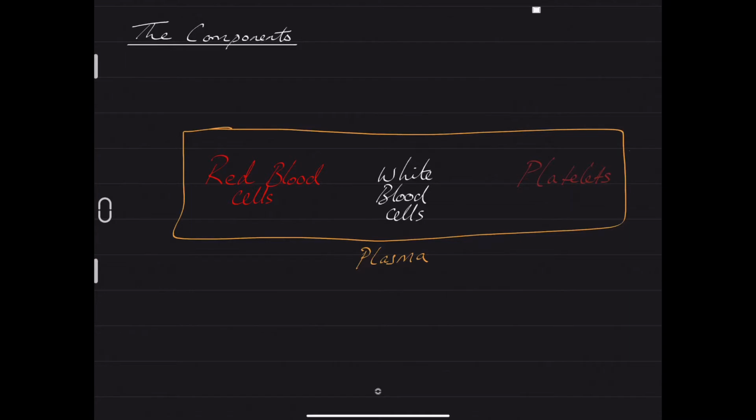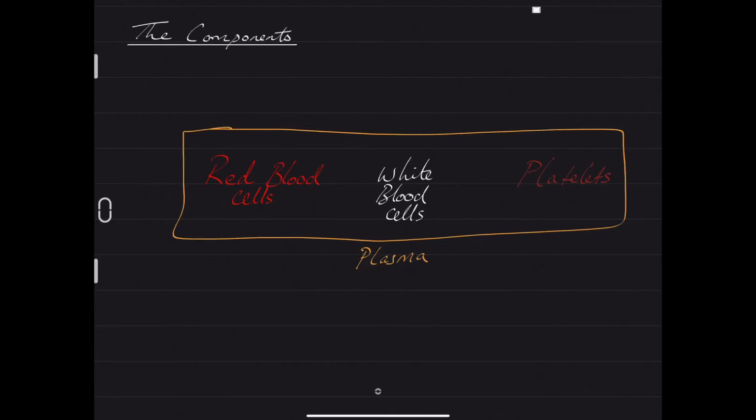So because you've got here 4 different components, blood is considered a tissue. Because you've got red blood cells, white blood cells, platelets, and then plasma, which is transporting all of these components. And plasma itself can be further broken down and categorized. Plasma is mostly water with a variety of other substances dissolved in it.